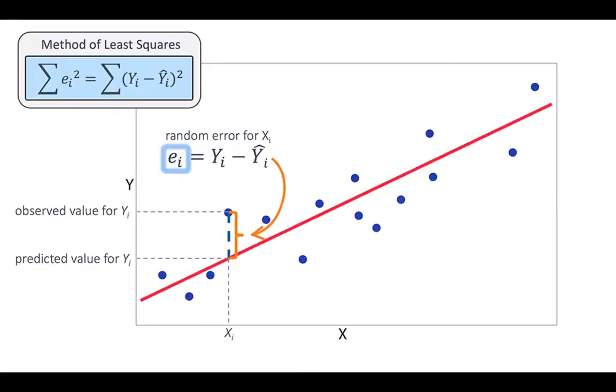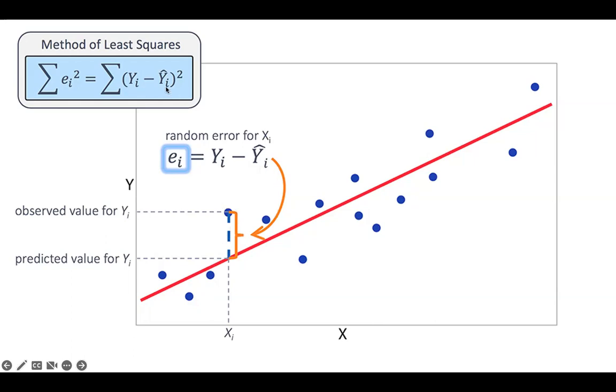Now, in order for us to assess whether the line is fitted properly to the model, we can check for the errors, or in other words, the distance between the observed value y sub i, or the actual value, versus the predicted value y hat. The error between the prediction and the actual is simply the difference between the two.